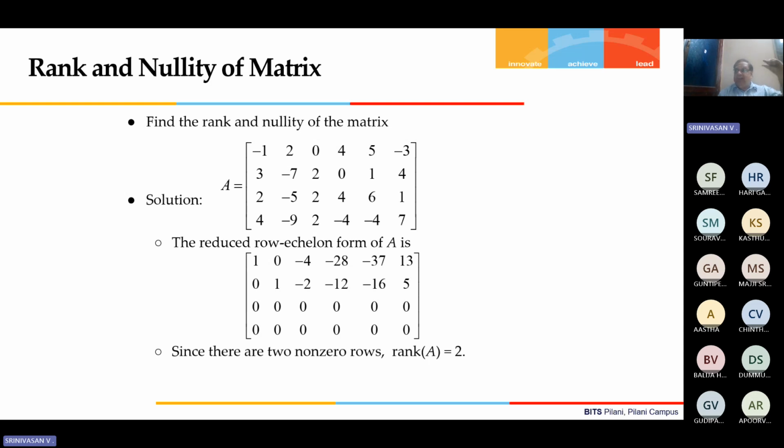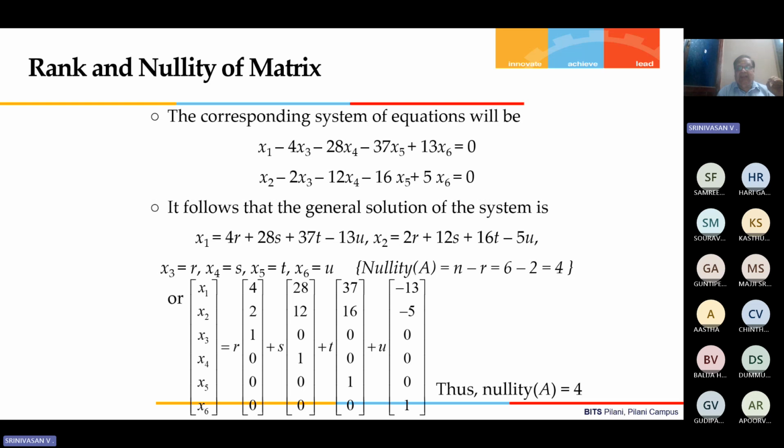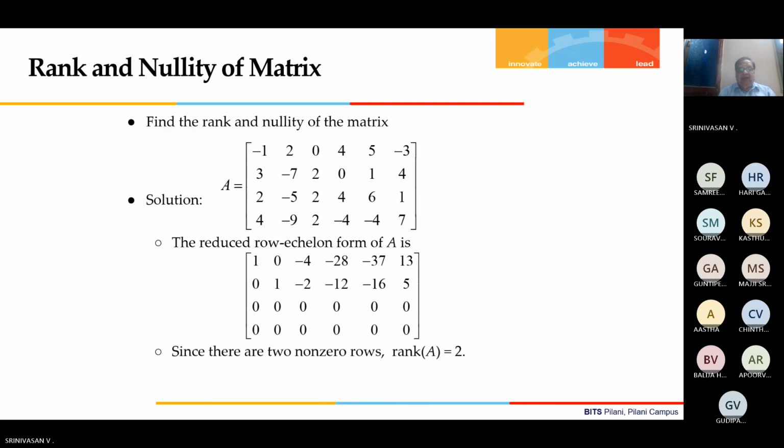Each row is a vector now. Each row of the matrix can be regarded as a vector, as a linear combination, and that is equal to 0. You are making the corresponding system of equations. Similarly, the next one: 0x1 plus x2 minus 2x3 minus 12x4 minus 16x5 plus 5x6 equal to 0.